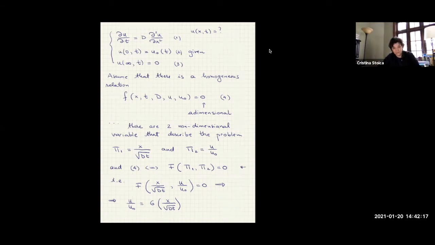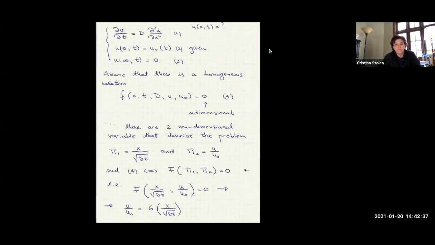That's the gain. Okay, so from 5 variables in the problem, we know that the problem can be described only by 2. Now, these 2 are combinations of the 5 in some way, and that's what we deduced last time. So the first one is x over root Dt, and the second one u over u naught. So equation 4 is equivalent to some functional relation between pi 1 and pi 2.